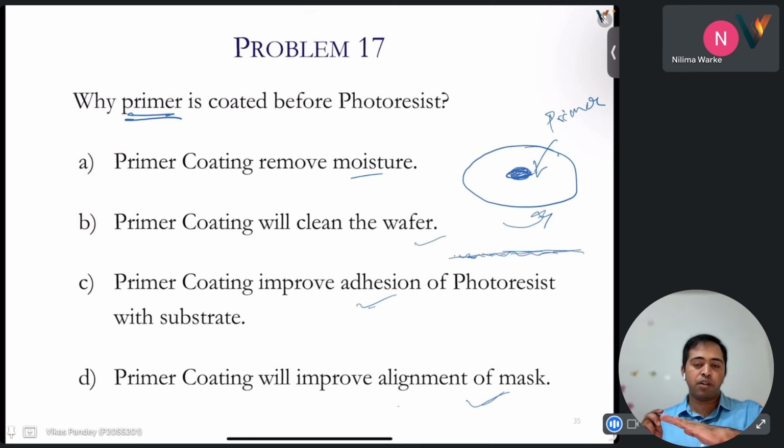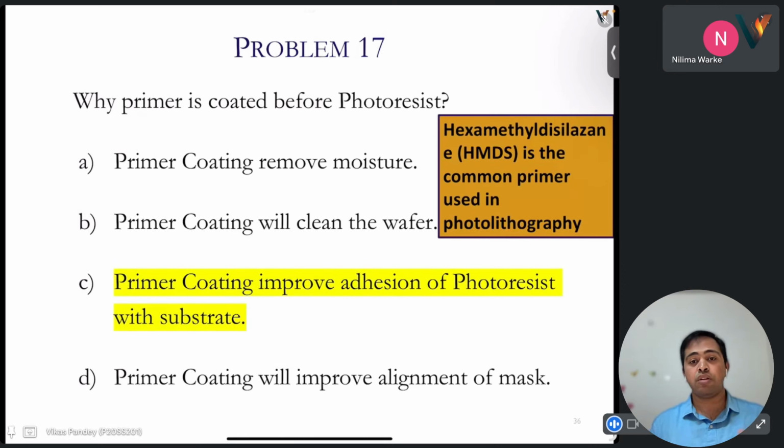If you put it on a dry wafer, first, you cannot go for a very thin structure because it will not spread easily. And if you go for a very thick structure, it can chip out in some later stages. So this is used to improve adhesion, and HMDS is the common primer that is used.